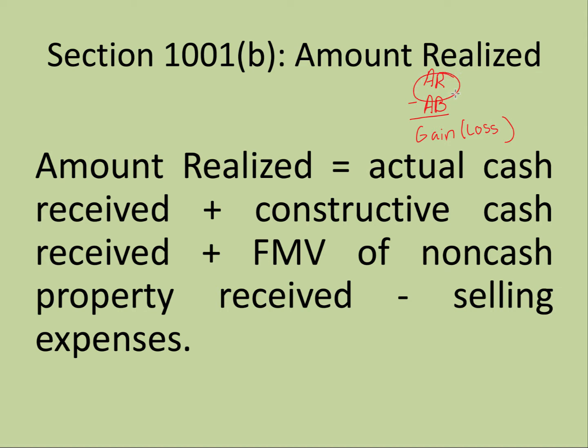The amount realized can be considered a formula of actual cash received plus constructive cash received plus the fair market value of non-cash property received minus any selling expenses. Actual cash received, that's pretty straightforward. That's when you're actually receiving money or whatnot in an exchange or sale.